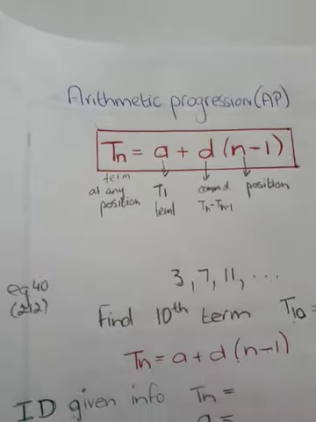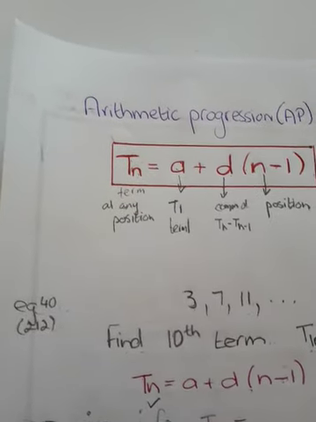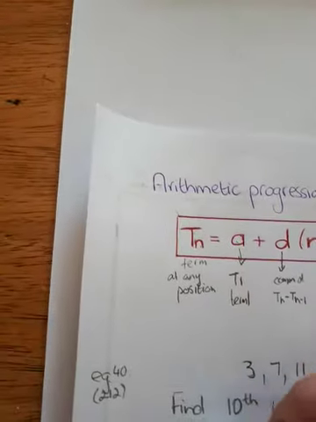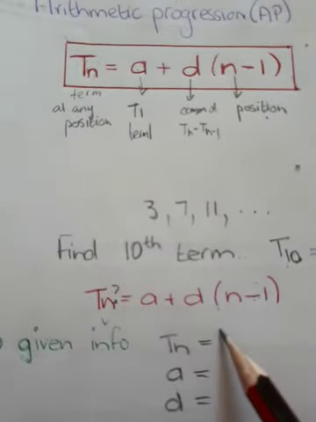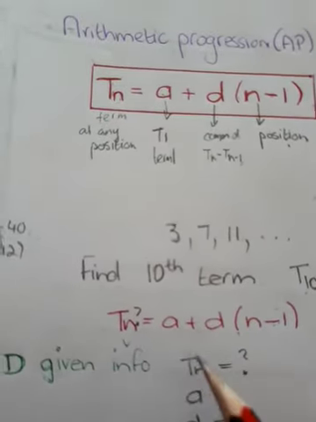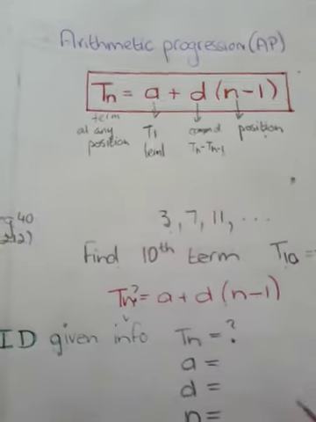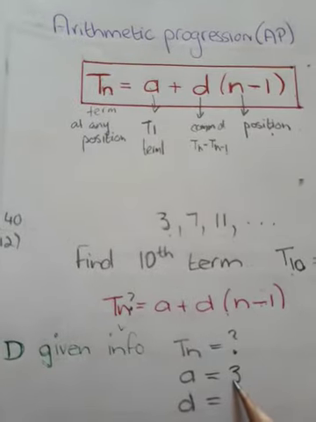So in this case, Tn is asked. So I like to put a question mark there. Then A stands for the first term. We do have the first term, so A equals 3.